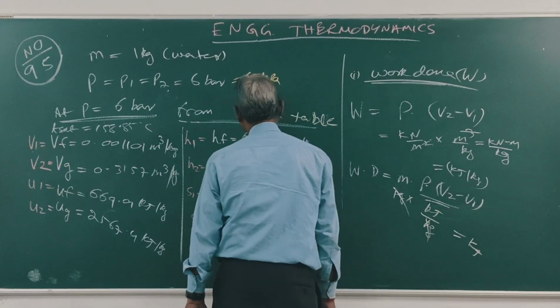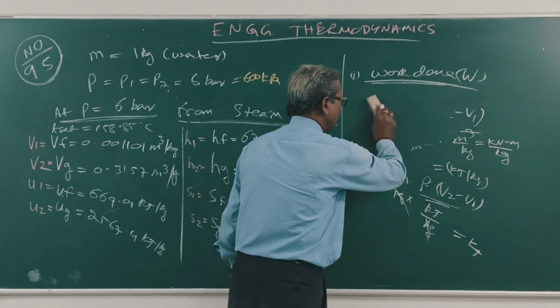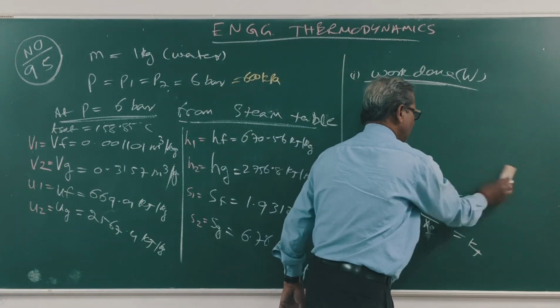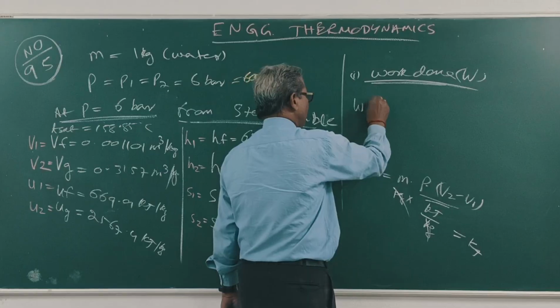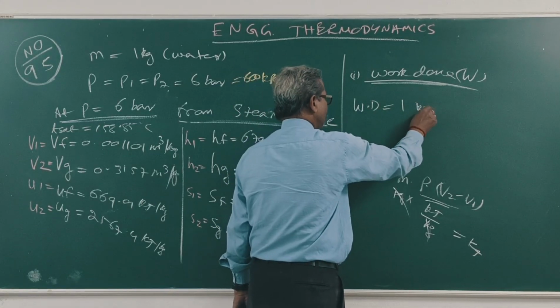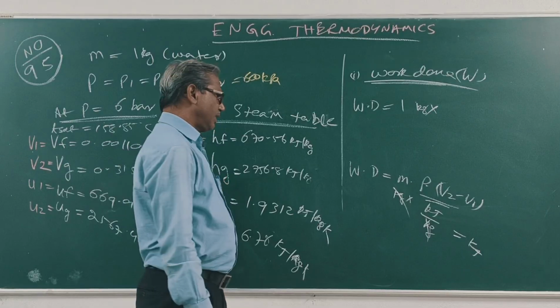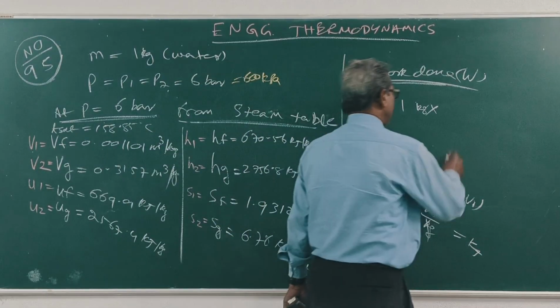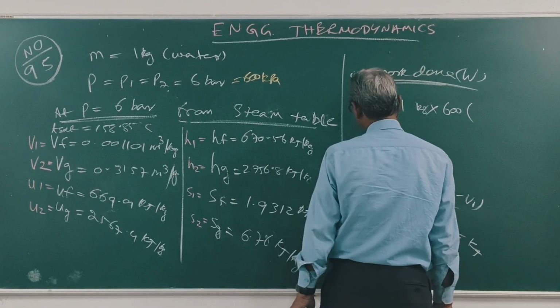So work done is equal to m, 1 kg, into P, 600 kilopascal, into (V2 minus V1).